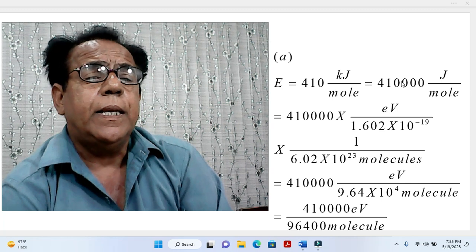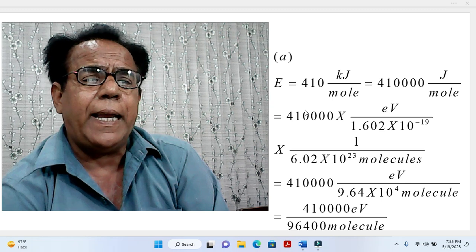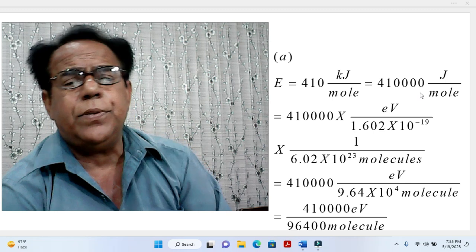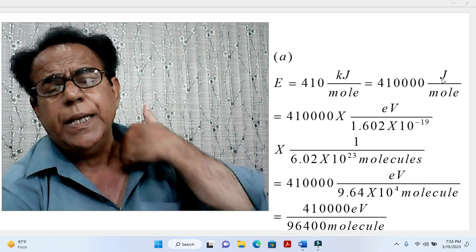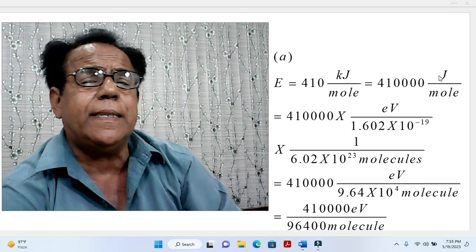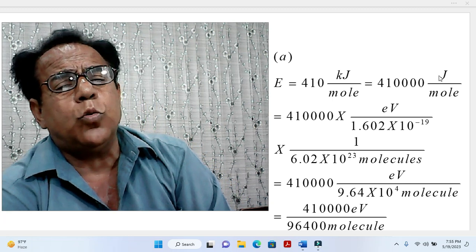In place of k, this figure has been transformed into this shape. Then this figure is the same, and in place of joule we have used its value, which we discussed a little earlier, that 1 electron volt is equal to so many joule.